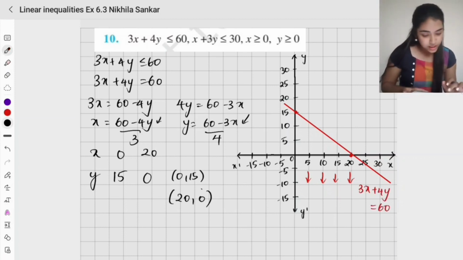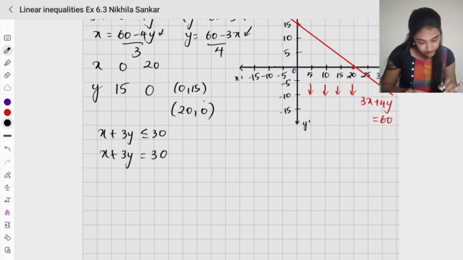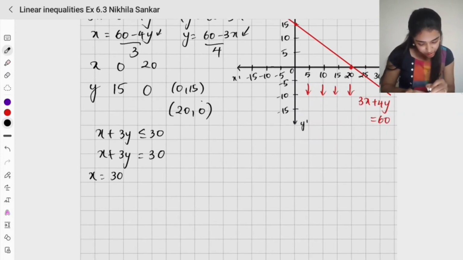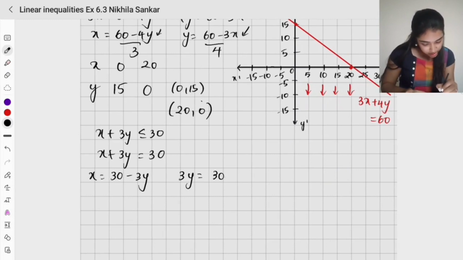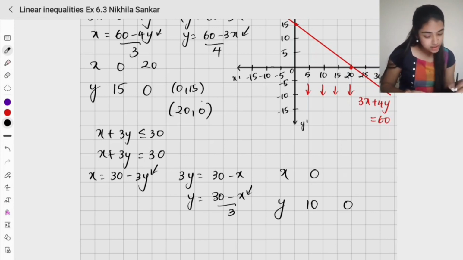இப்போ இன்னொரு equation என்ன? x plus 3y less than or equal to 30. So the equation is going to be x plus 3y equals 30. So x is equal to 30 minus 3y and 3y is equal to 30 minus x. So y is equal to (30 minus x) divided by 3. இப்போ x க்கும் y க்கும் value போட்டா when x is equal to 0, y is going to be 30 by 3 which is 10. y க்கு 0 போட்டா x is going to be 30.